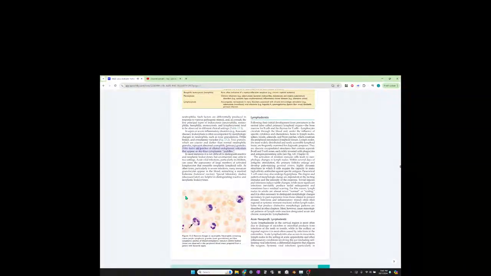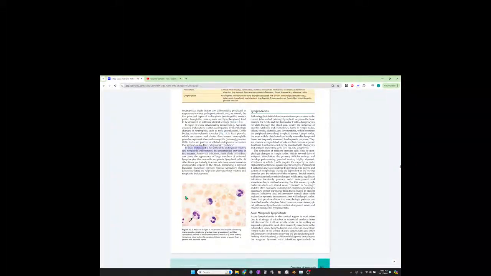Toxic granules, which are coarser and darker than normal neutrophilic granules, represent abnormal azurophilic granules. Döhle bodies are patches of dilated endoplasmic reticulum that appear as sky blue cytoplasmic puddles.